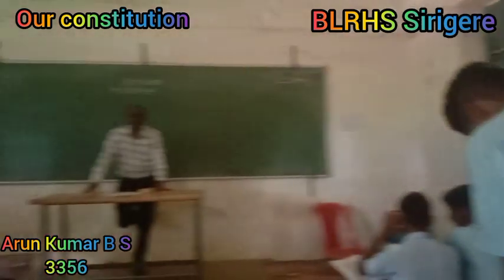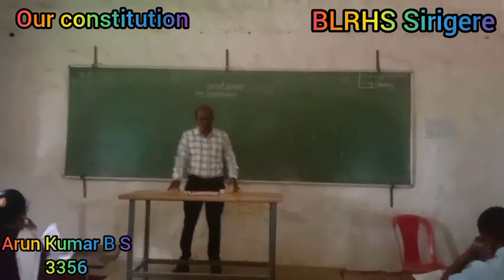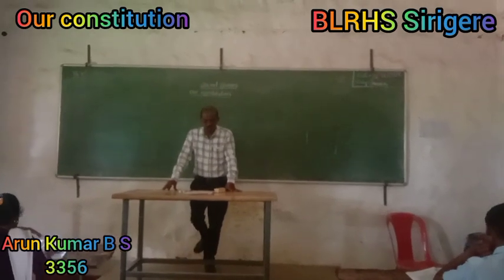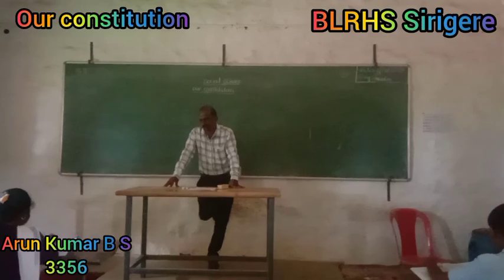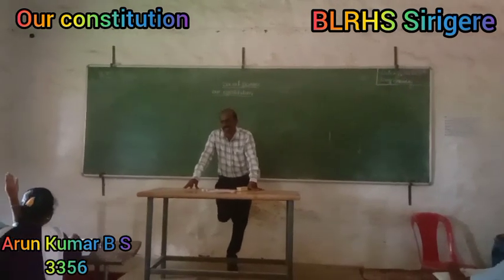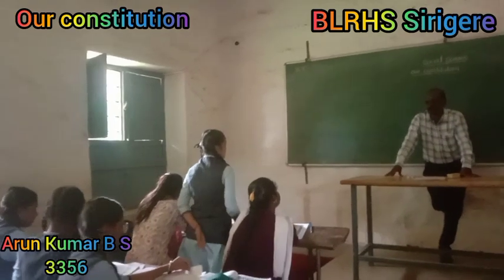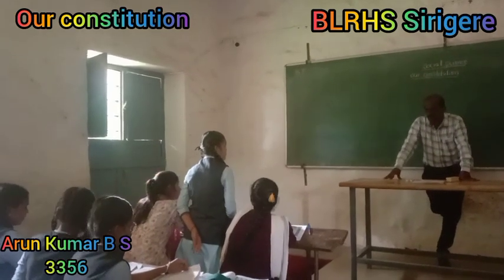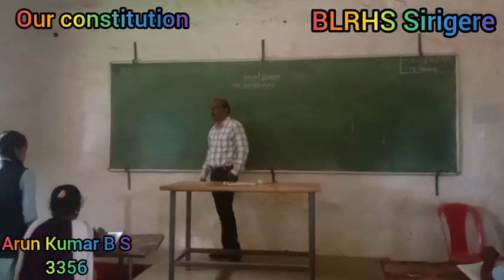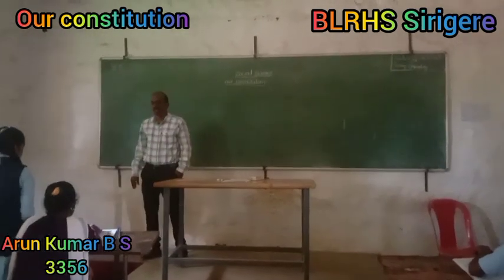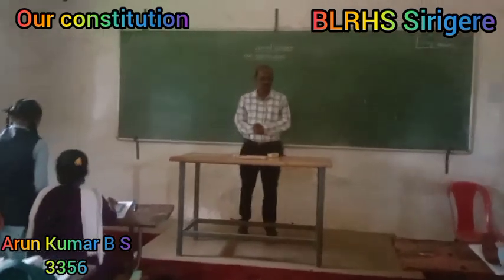Dr. B.R. Ambedkar was the chairman of the drafting committee. So when was the Indian Constitution approved? November 26, 1949. Yes. That day the Indian Constitution was approved. Sit down. Very good.